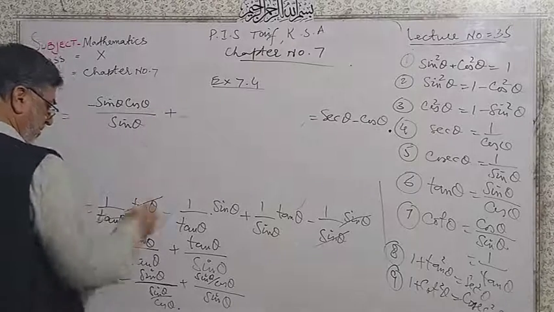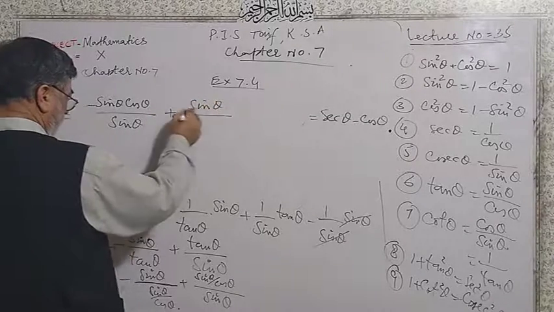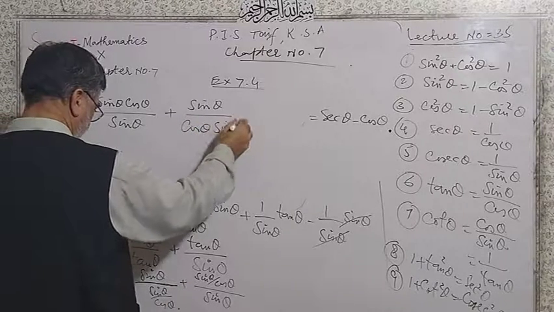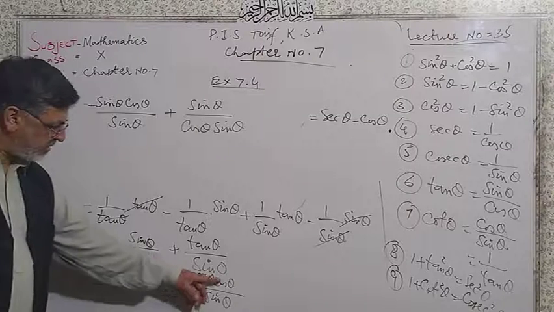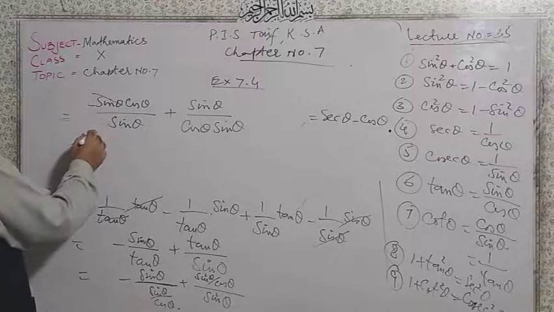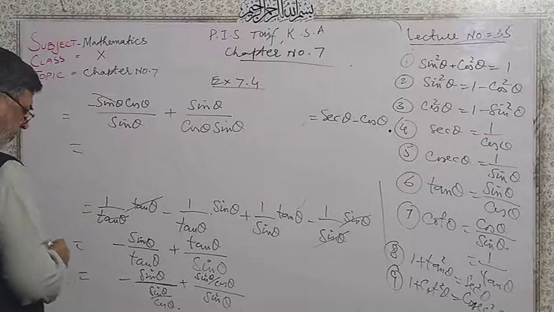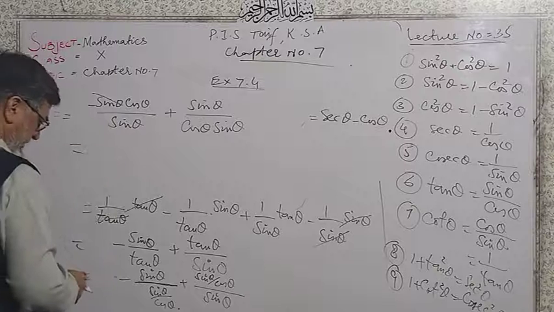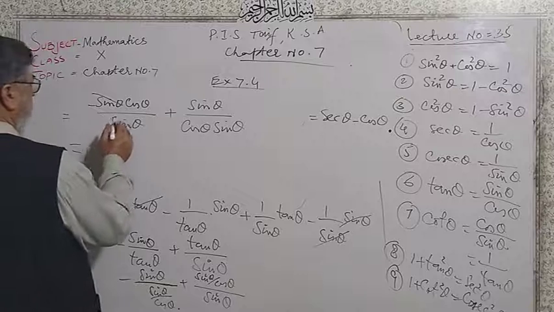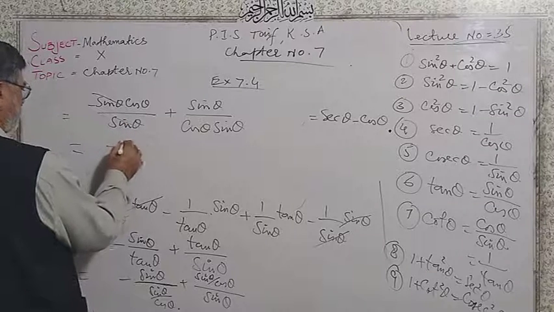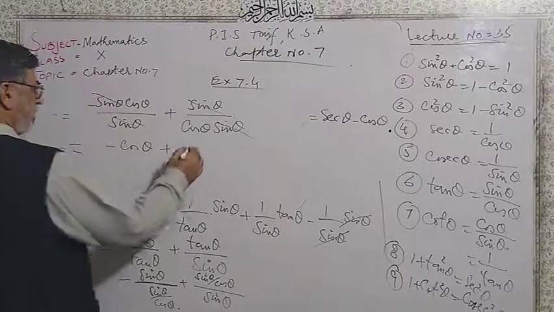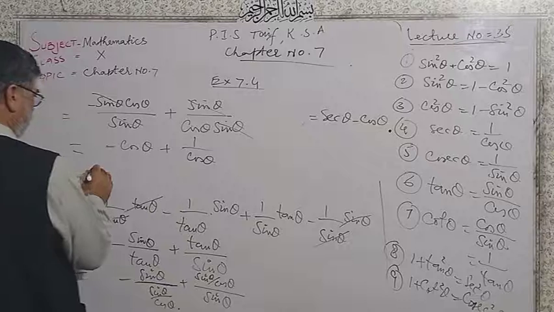Plus sin theta over cos theta and sin theta. Because this cos will come down, here sin theta and sin theta, cos theta, that will be minus cos theta, and sin cancelled out, this will be 1 over cos theta.